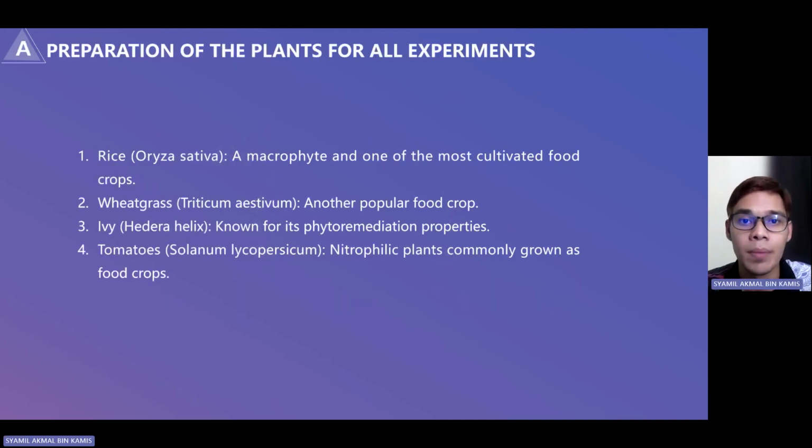For the plants, there is rice, Oryza sativa, a macrophyte and one of the most cultivated food crops; wheatgrass, Triticum aestivum, another popular food crop; ivy, Hedera, known for its phytoremediation properties; and lastly, tomatoes, Solanum lycopersicum, commonly grown as a food crop.